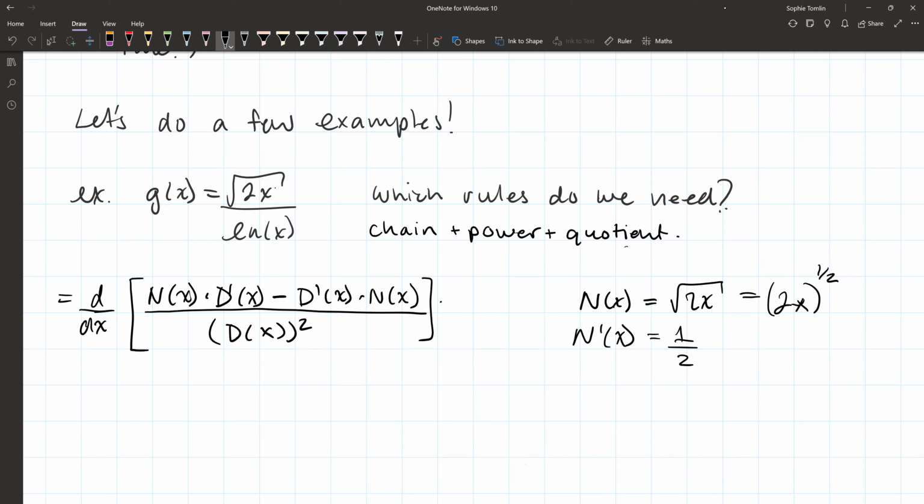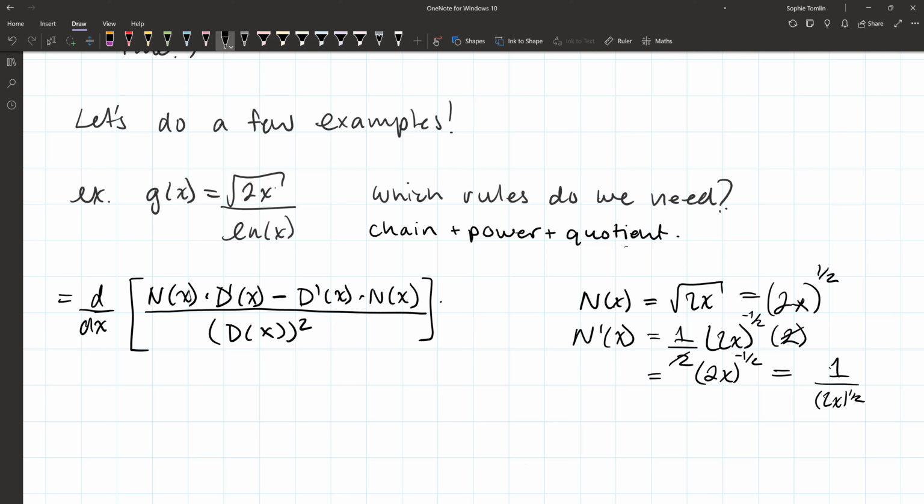So we have a factor of 1/2, times the inside function untouched, 2x, and then we subtract 1 from the exponent, so we get -1/2, times the derivative of the inside function, which is 2. The factor of 1/2 and the 2 cancel out, so we're left with 2x to the -1/2, which we can keep with the negative exponent or write out again as a quotient.